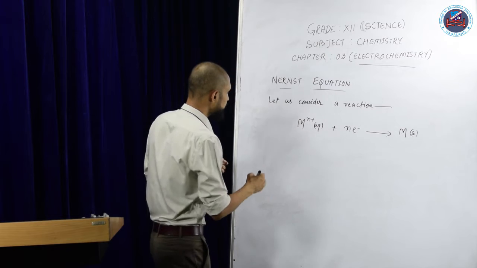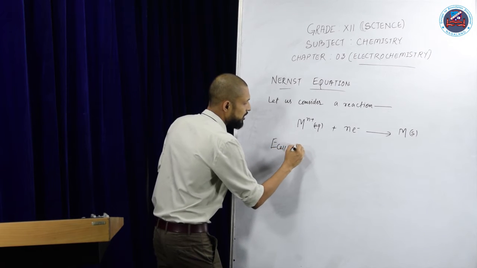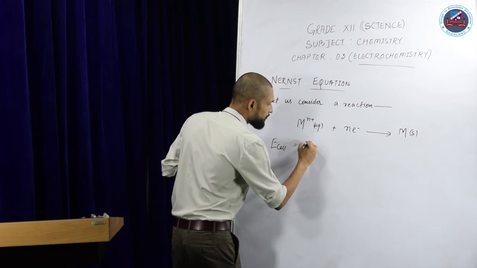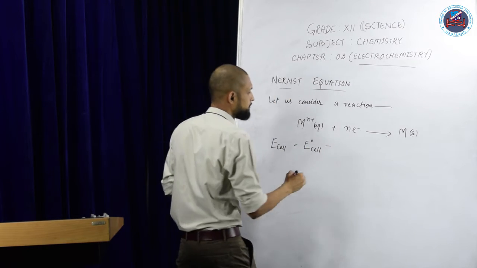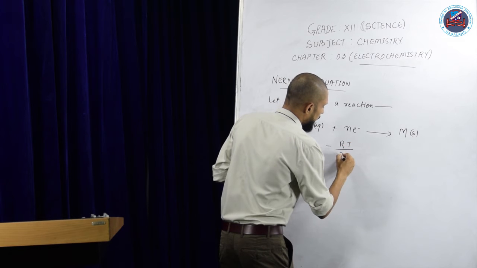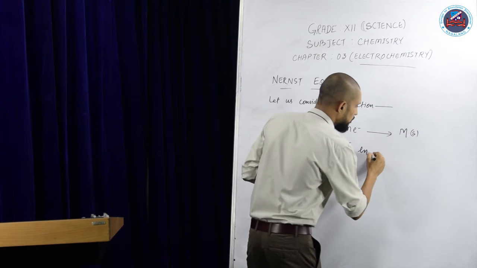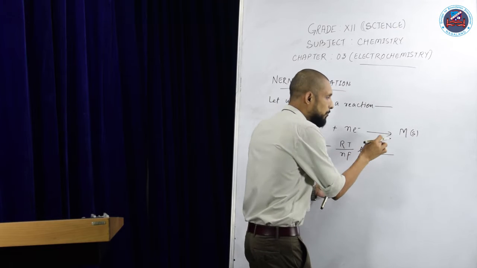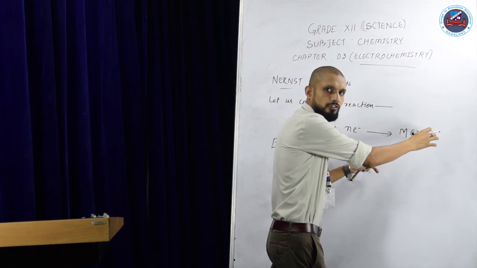For this, the Nernst equation is given as E cell is equal to E naught cell minus RT by nF ln of, in the numerator you'll write the product concentration.